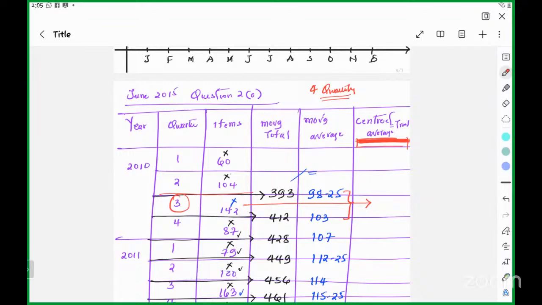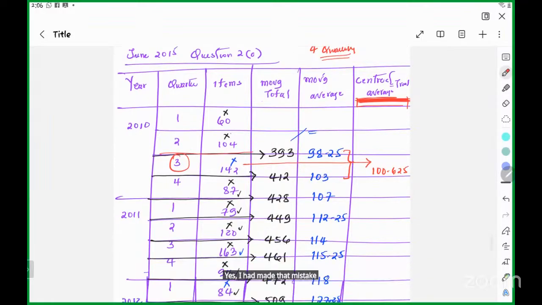2 decimal places. 149.75. No, that can't be an average. That is too big. It's bigger than what you added. 100.625. Yes, I had made a mistake. That's the answer.